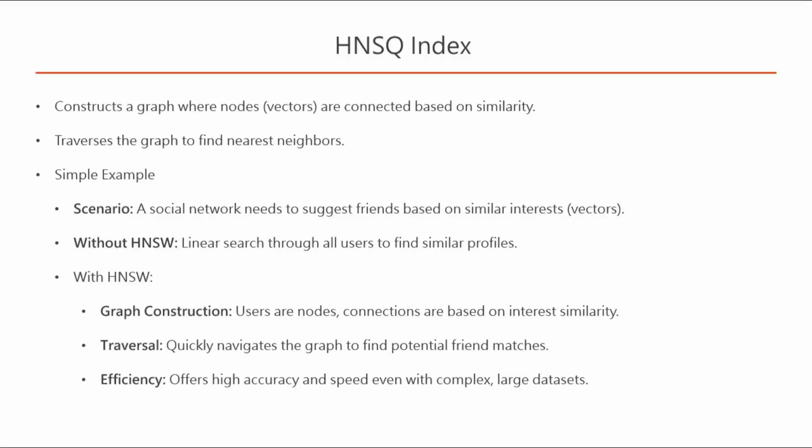But with the HNSW index, you use graph construction, where user node connections are based on interest similarity, and then traversal, which quickly navigates the graph to find personal friend matches. The final benefit is efficiency: high accuracy and speed even with complex, large data sets.